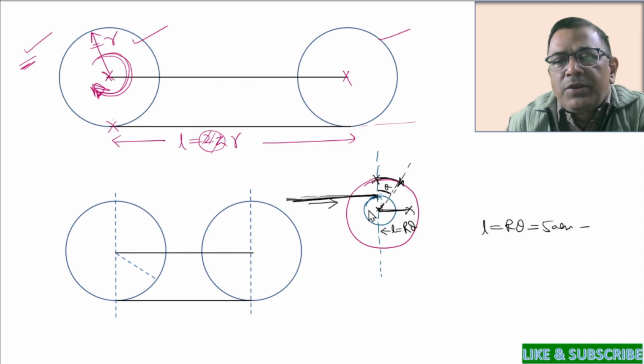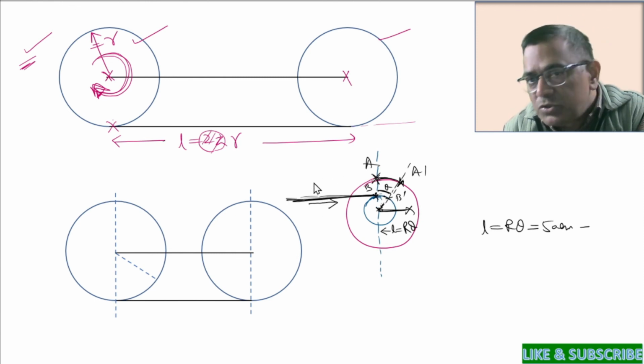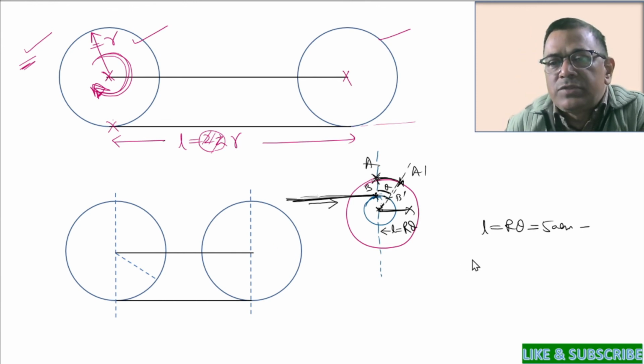Now you see, when this point moves from position A to A dash, this point will move from position B to B dash. And so whatever is the distance moved by B dash, that should be the distance by which this scale should go ahead in the forward direction. So let's assume that L dash is equal to BB dash, and this is equal to small r theta, and small r is equal to capital R by 2, so this is R by 2 into theta.